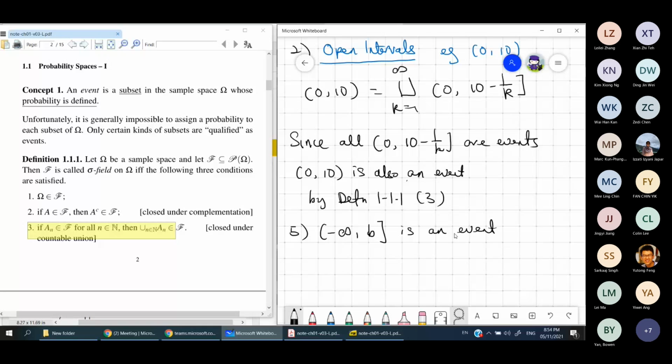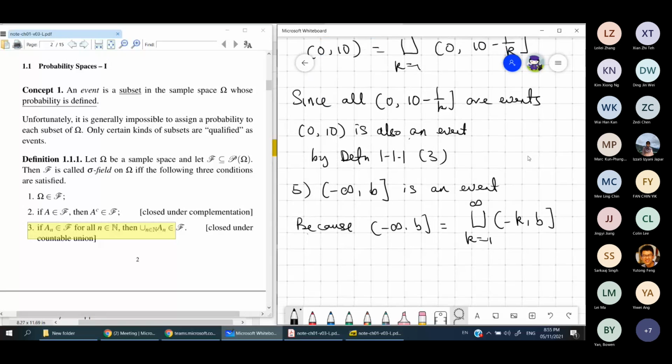The reason we can write this is because we can write it as the union of negative k to b.